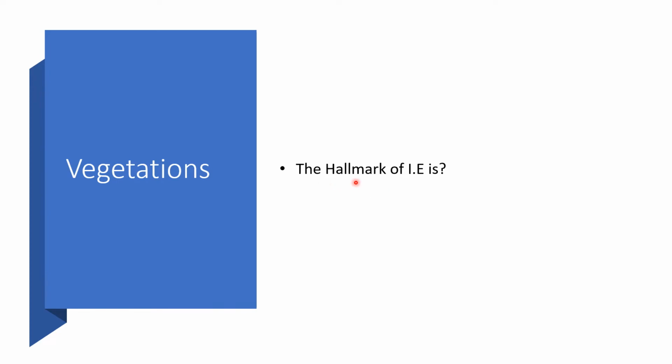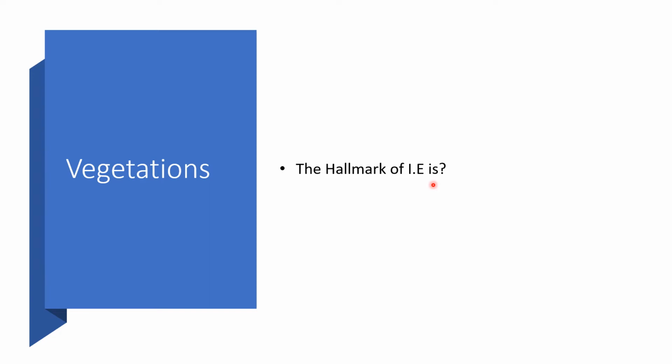I just love to bring it out so that it will be clearer. The hallmark of infective endocarditis is what? It is the presence of inflammatory changes in valvular tissue at the site of vegetation attachment. It could be at the endothelium as well.